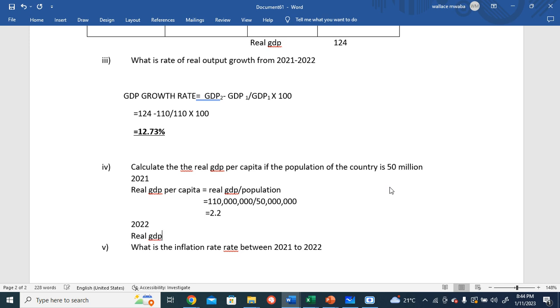All right, and for 2022, the GDP per capita: our real GDP was 124 million divided by 50 million.